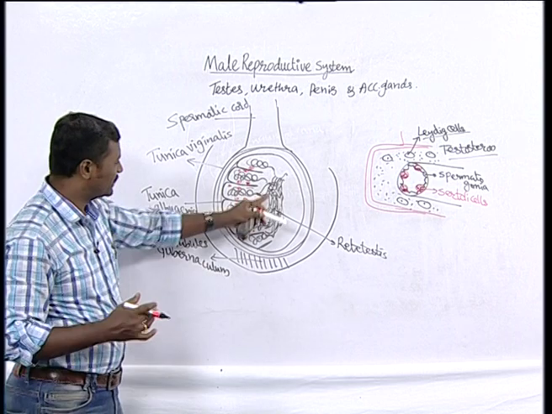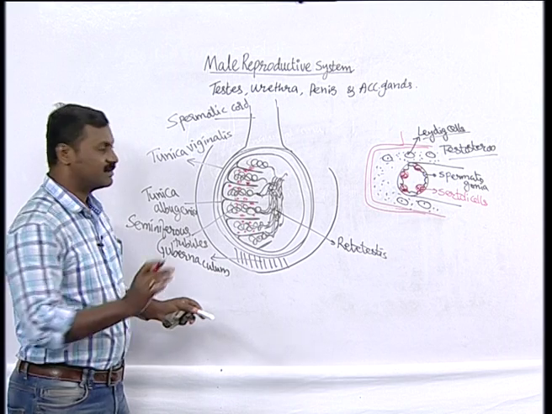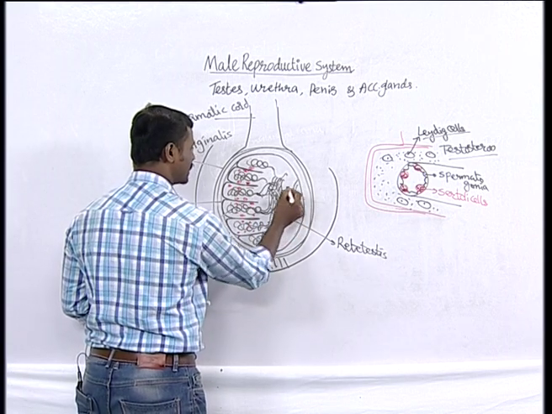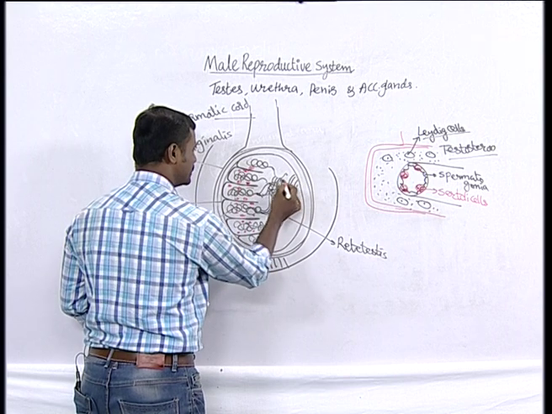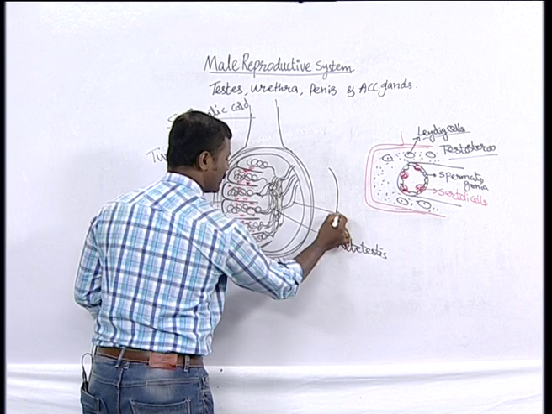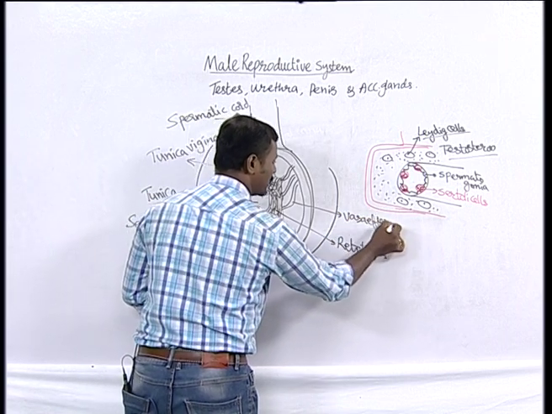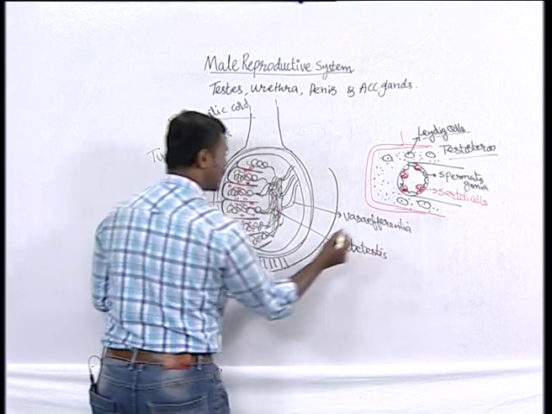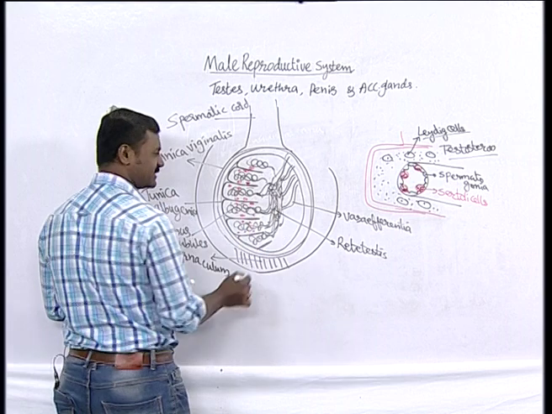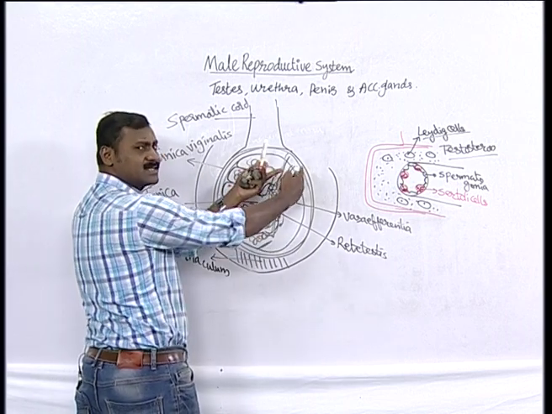From this rete testis, some small tubes come out, called vasa efferentia. So, seminiferous tubules, rete testis, vasa efferentia.